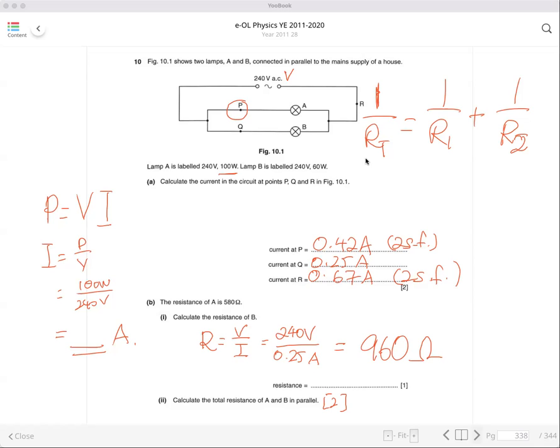Oscar, you can do that, but that one you must memorize the formula. Okay, you must memorize the formula. Ryan, you never put down the 2 SF. Okay, Ryan, you may go. Yuting, you may go.